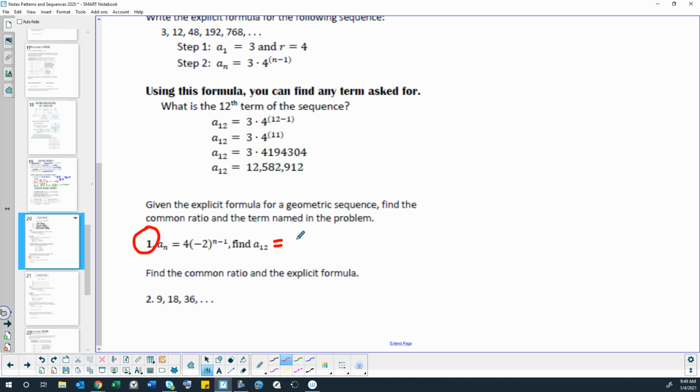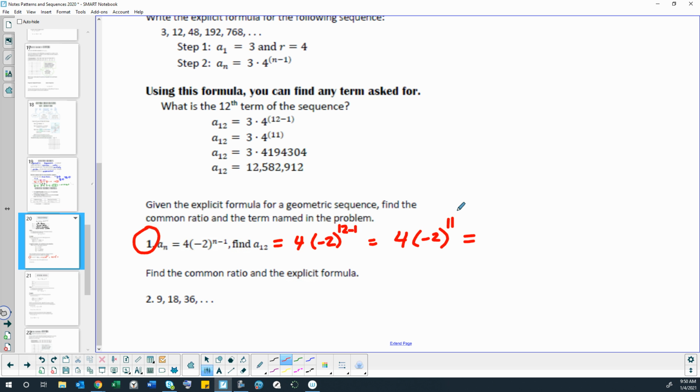So that means we're going to plug in a 12 where the n is. So if we plug in a 12 where the n is, 12 minus 1, that means it's going to be to the 11th power. So we're multiplying -2 11 times. If you want, you can put that in a calculator for me and figure out what it will be.